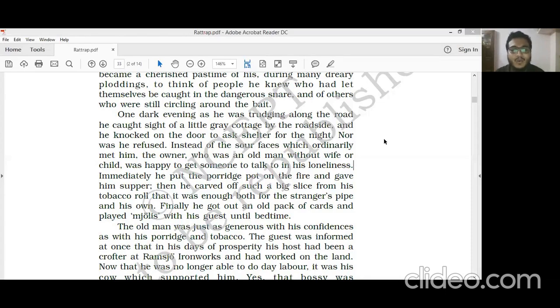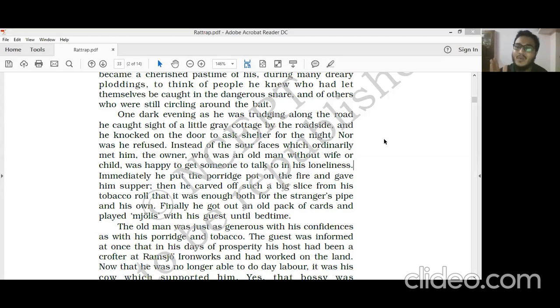So in this line, what is the writer saying? The owner, who was an old man without wife or child, was happy to get someone to talk to in his loneliness. He is all alone. During his loneliness, he needs some companion.